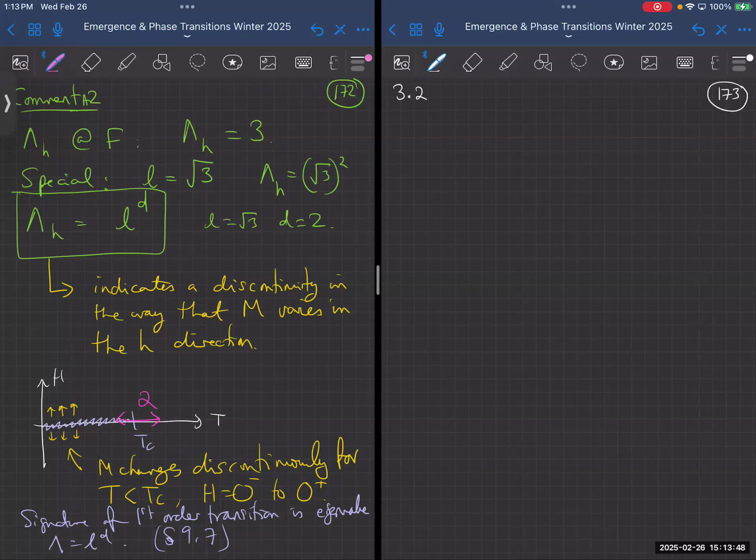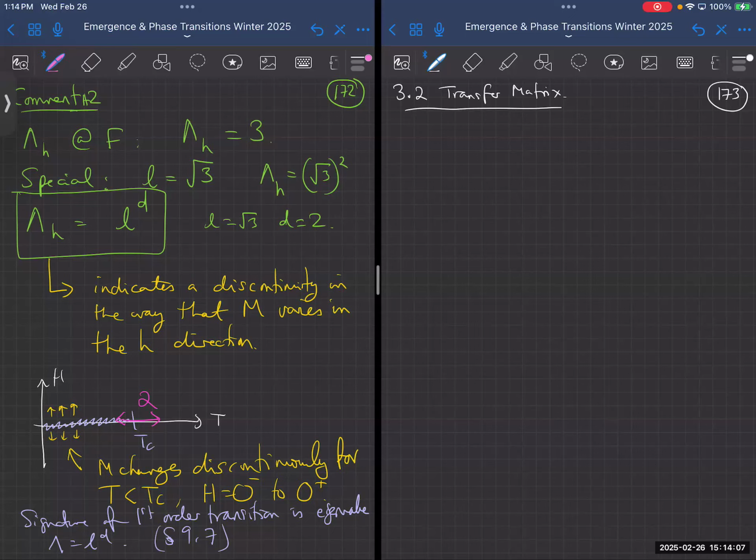So I want to give you just a little bit of understanding of what the transfer matrix is, because it's another way to think about what you're doing in renormalization group terms. It's not very complicated. In fact, it's amazingly simple, but amazingly powerful.